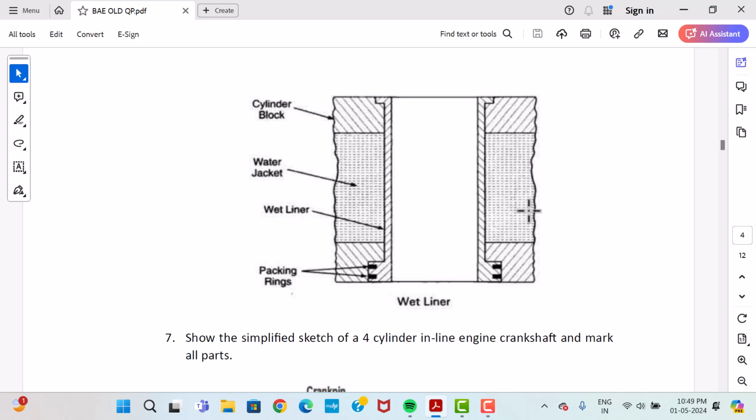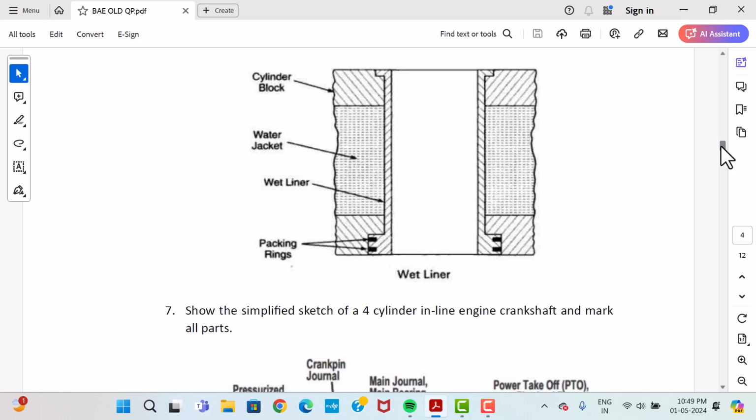The manufacturing of the cylinder is very costly, and the casting process is costly. So we are using liners. Whenever the liner has some issues, we can remove it and insert a new liner. The cost of a liner is very low compared to the casting process, and maintenance is also easy. That is why we are using liners.